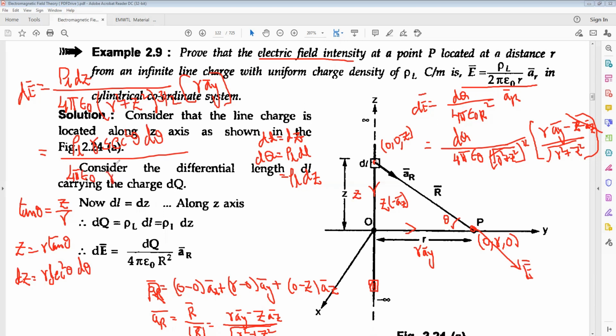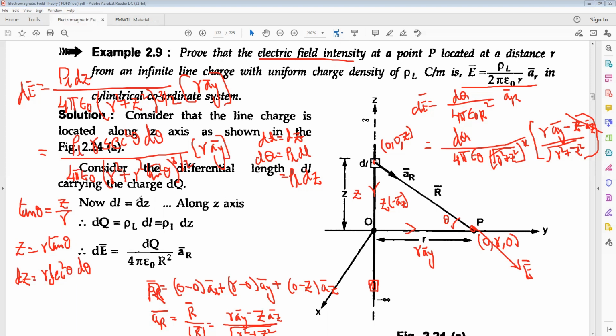Now substitute Z as R tan theta, so Z square is R square tan square theta, whole power 3 by 2 into R. Because it is in the AY direction only, let us take it as AY first of all, R into AY.